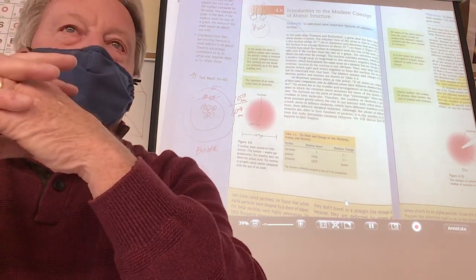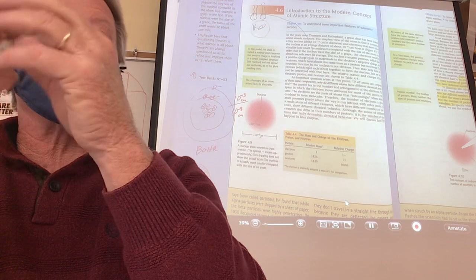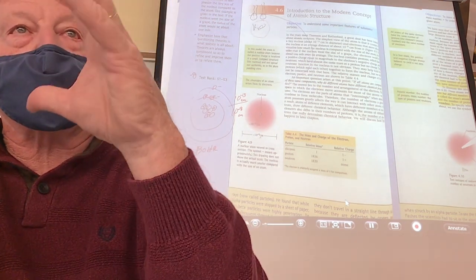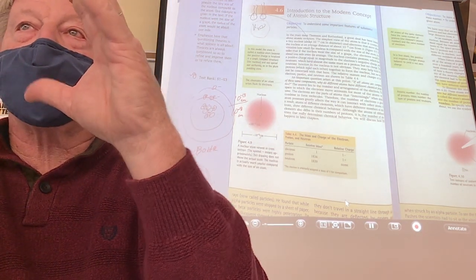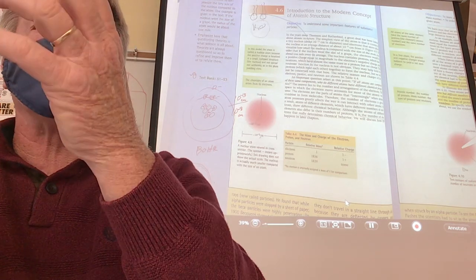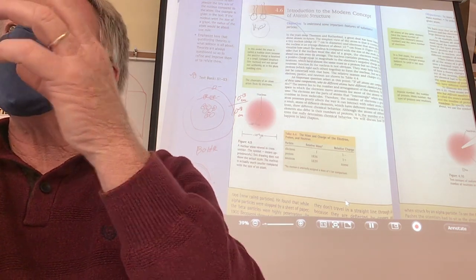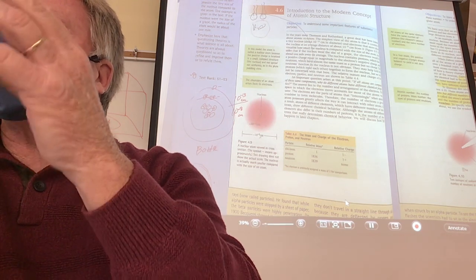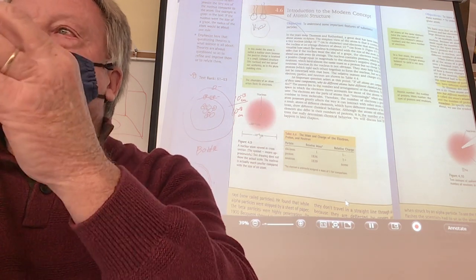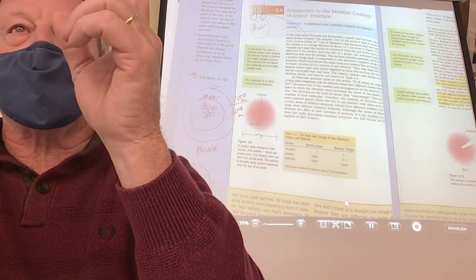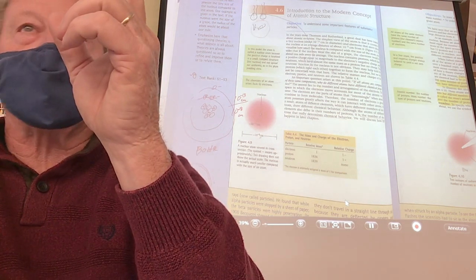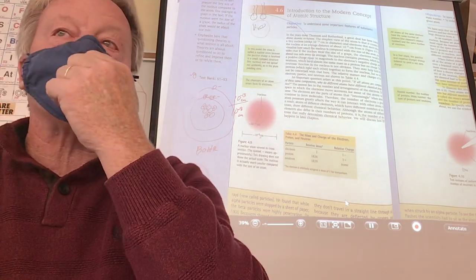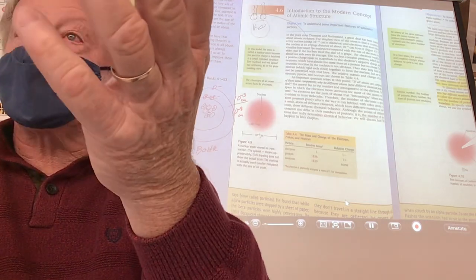How many powers of 10 smaller is the nucleus than the outside of the atom? 5 powers of 10. What's that? 100,000. The diameter of the nucleus is 100,000 times smaller than the diameter of the atom. So what is in between the nucleus and the electrons? Empty space.